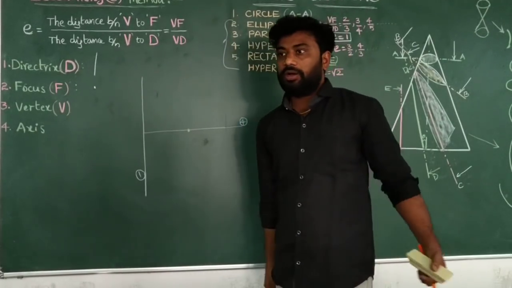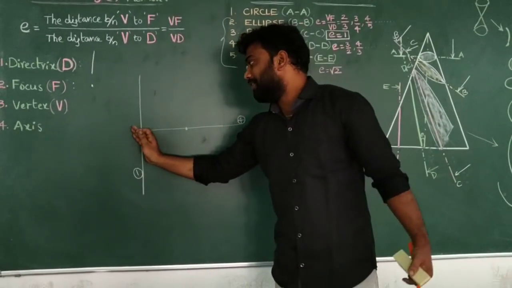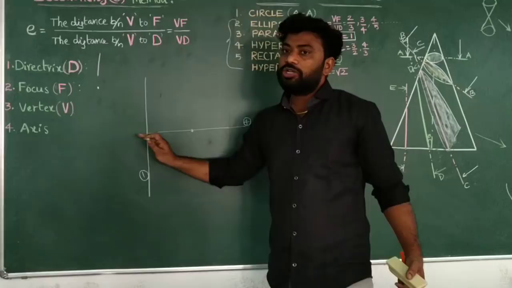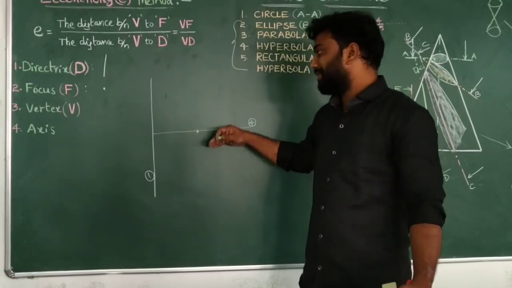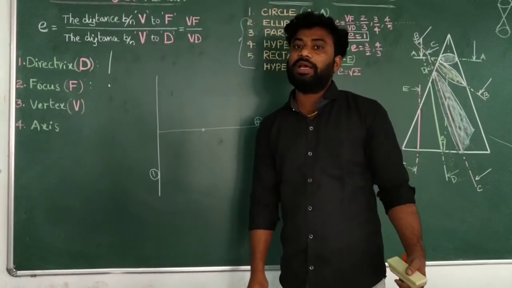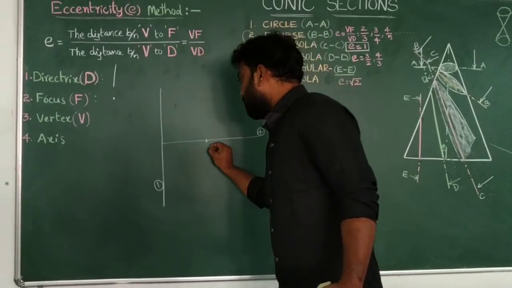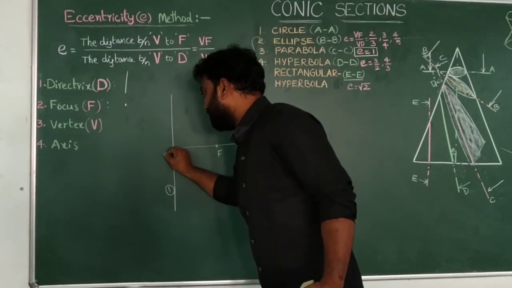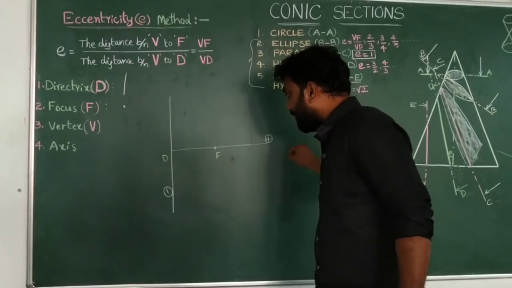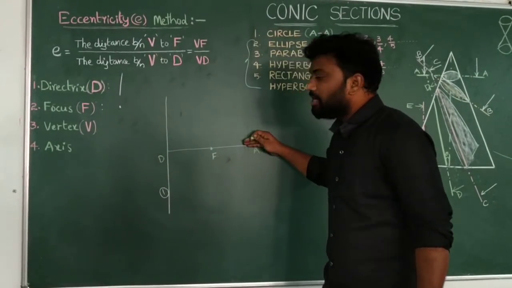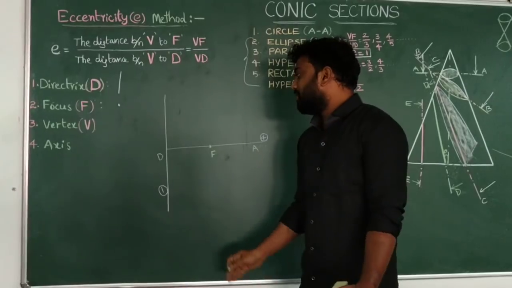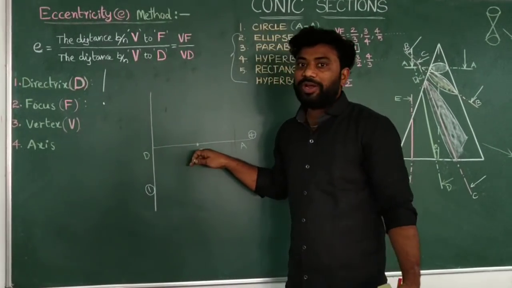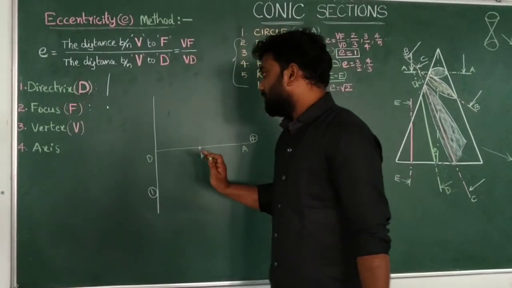In the question we will have the distance between the directrix and focus, so we can directly mark the focus according to the given condition while constructing the conic. This line is representing the directrix and this line is representing the axis. The axis is always perpendicular to the directrix, and the focus is a fixed point located on the axis.